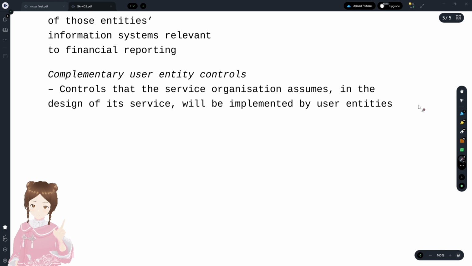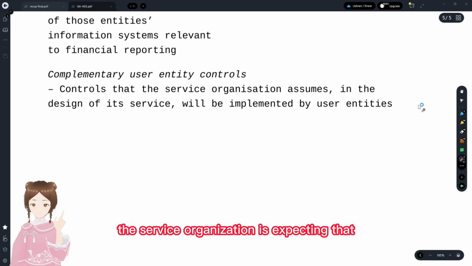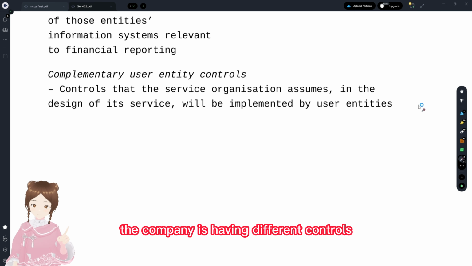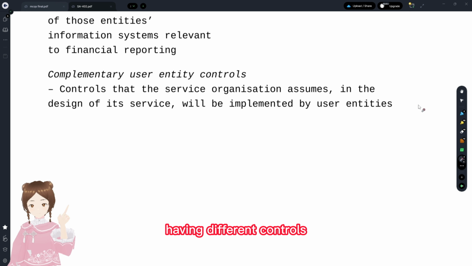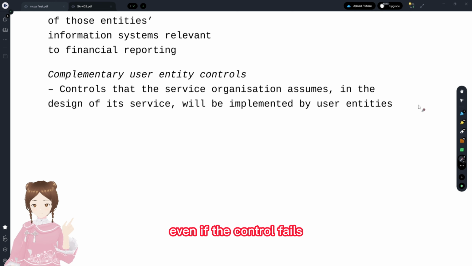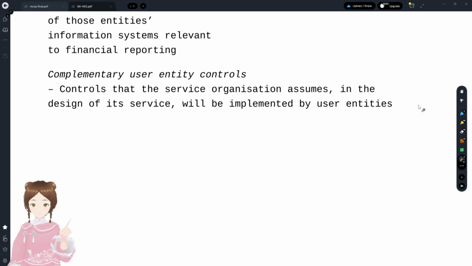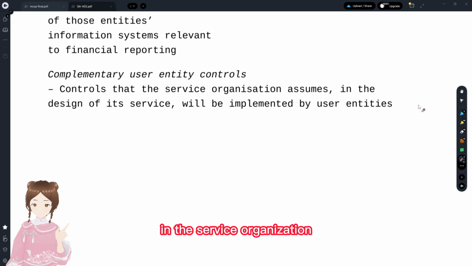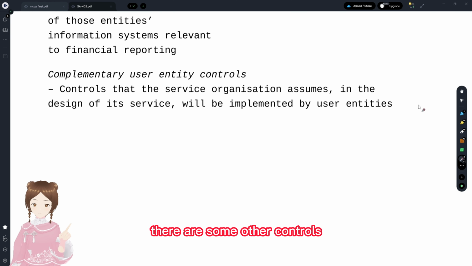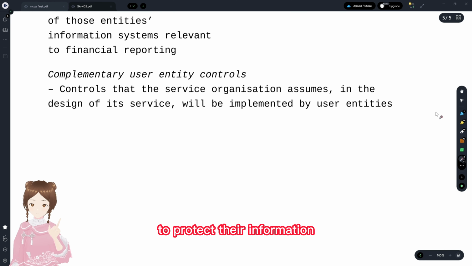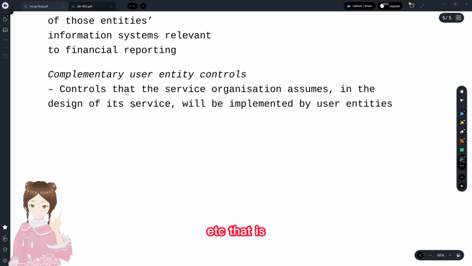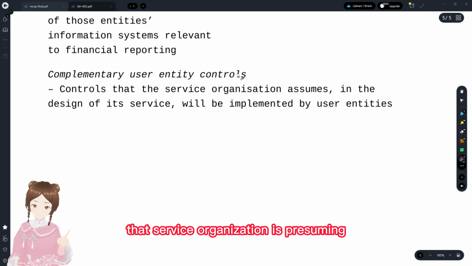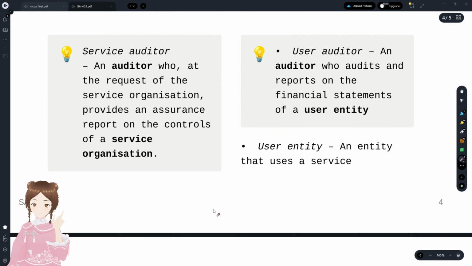That is, the service organization expects that the company has different controls, so that even if the control fails in the service organization, there are other controls to protect their information or their internal control system. These are controls in the user entity that the service organization is presuming.